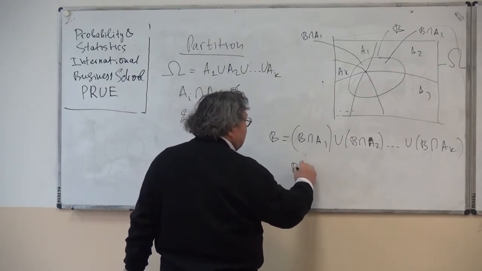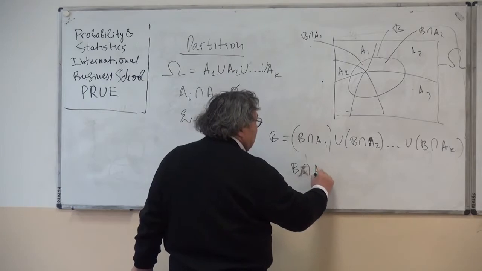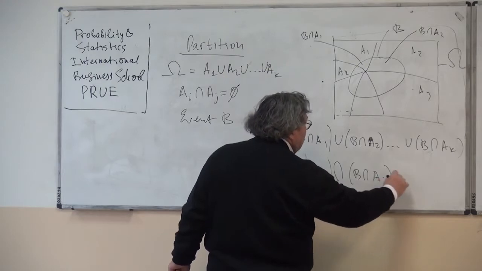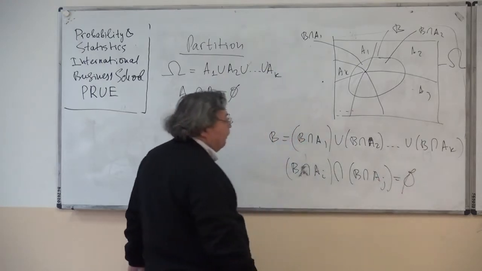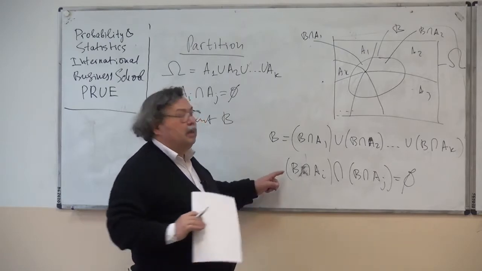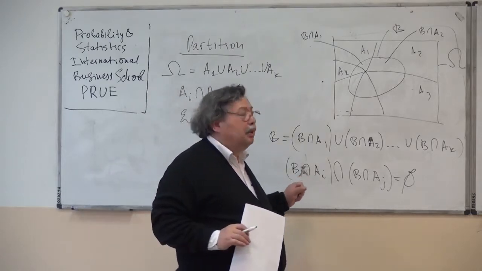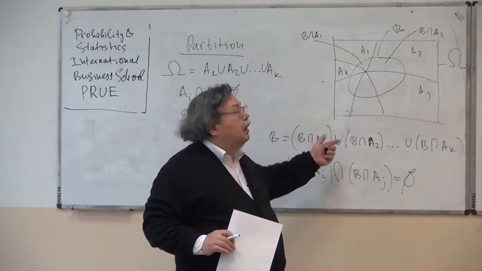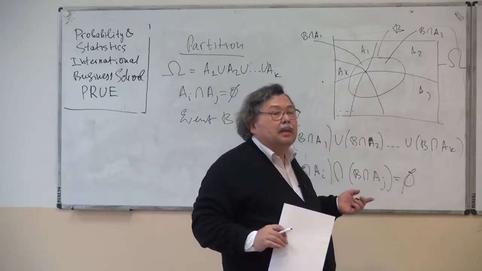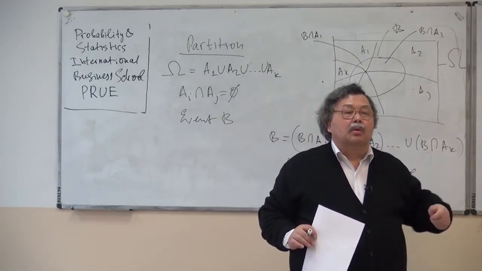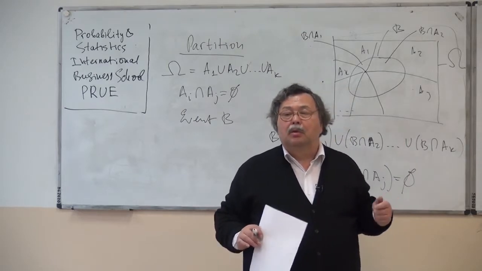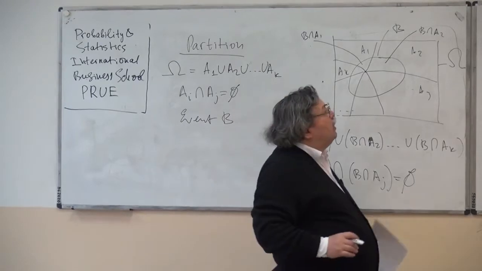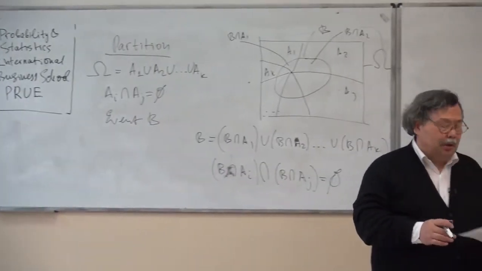So B intersect Ai intersect B intersect Aj is a null event. Well, this formula may look a bit too involved, but the meaning is quite simple. If we have a partition, then any event B that we may consider in this sample space is also subject to this partition. It also falls into a number of mutually exclusive sections.